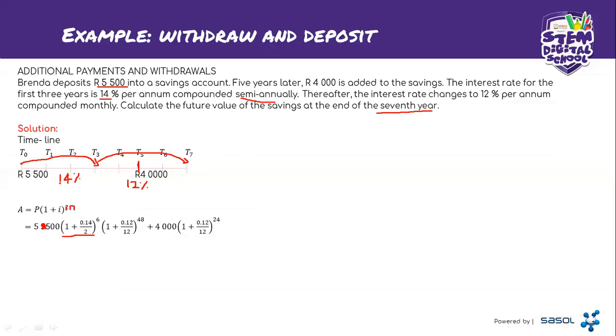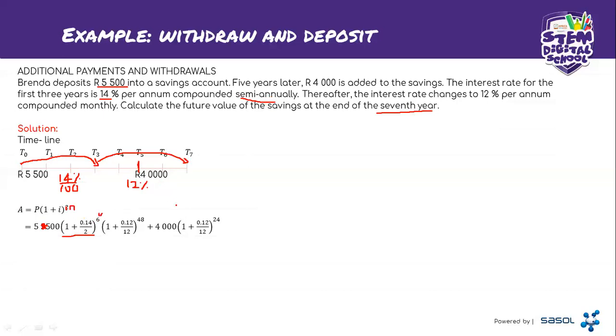When you divide 14% by 100, it gives us 0.14. This interest is compounded semi-annually, and semi-annually is 2, hence we divide by 2. The number of years is 3 times 2, which is 6.